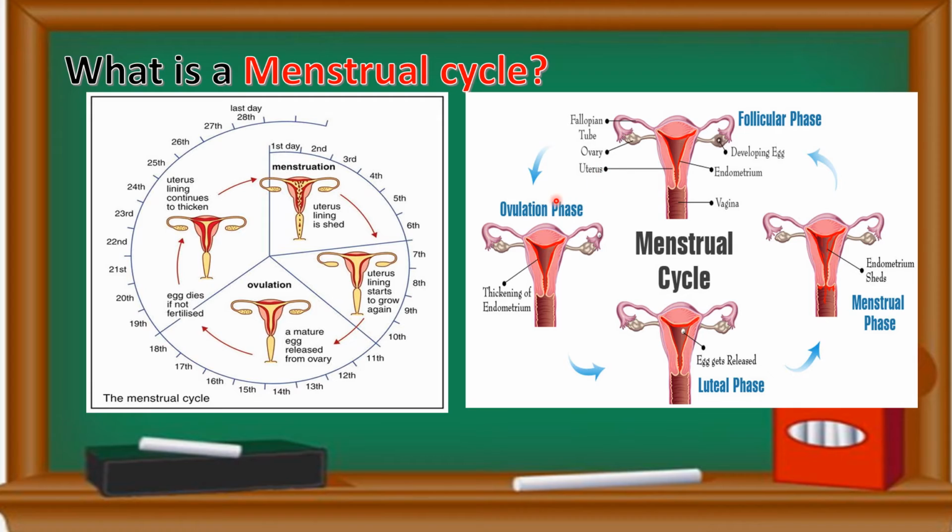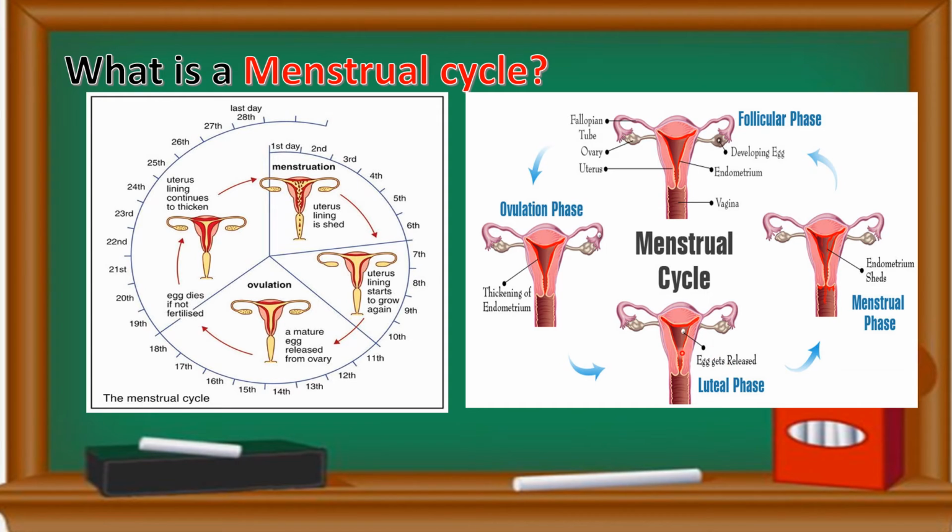After that comes the ovulation phase, when the ovary releases the egg, passing through your oviduct or fallopian tube on its way to the uterus, and there will be thickening of the endometrium. So when the egg is released during the luteal phase, it will wait to see if it will be fertilized by the sperm.